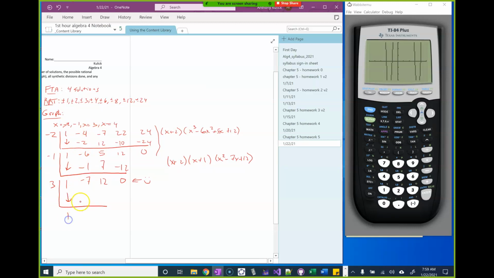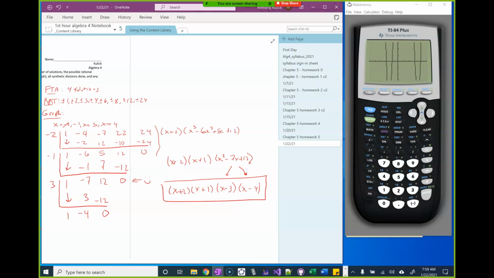So I could take the 3 and do the synthetic division again, and that'll give me the final answer, or you could have factored that to get the final answer, depending on which one you feel more comfortable with. Either would have been okay.